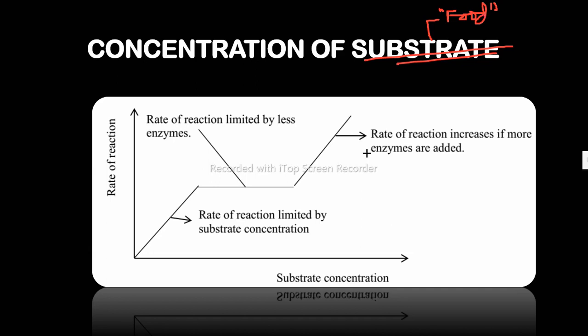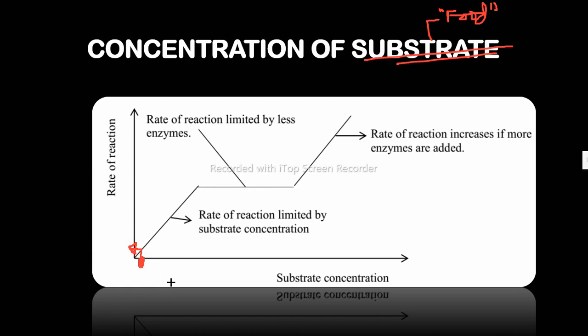At low substrate concentration, you can have a look at this graph. At low substrate concentration, the rate of enzyme activity is very low. I use the graphs because I want to expose you to graph work.